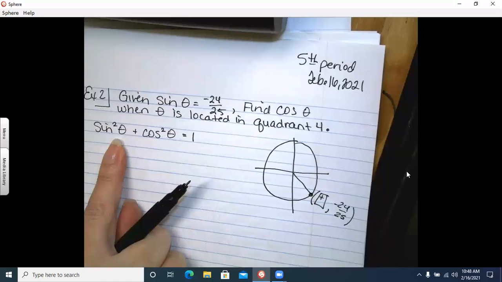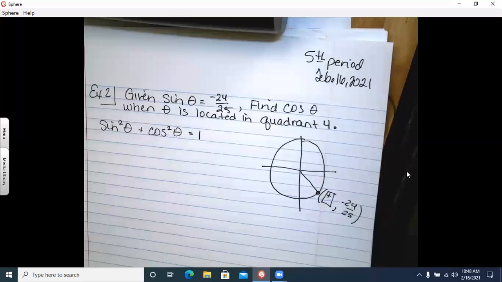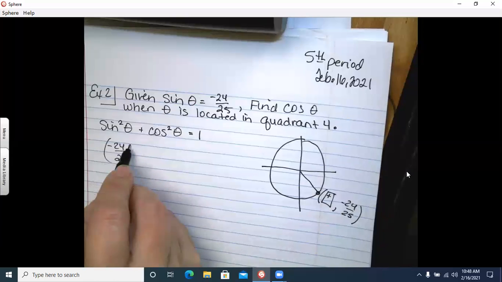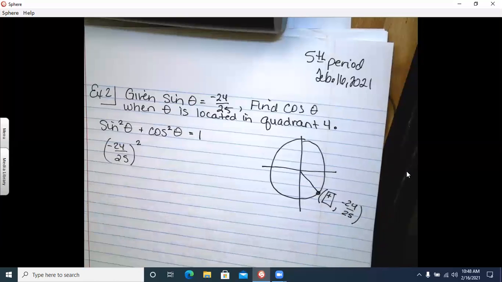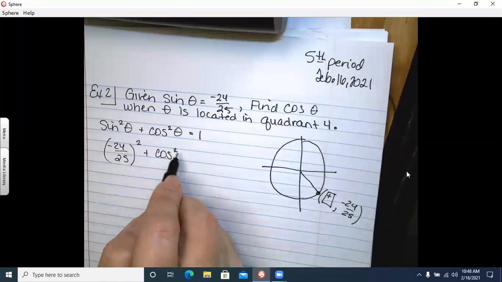Is that going to make a difference which one I write first? No, it doesn't matter. You're adding them together. So I know my sine is negative 24/25, and I've got to square it. That's usually where the kids mess up, they forget to square it. Plus cosine squared of theta equals 1.